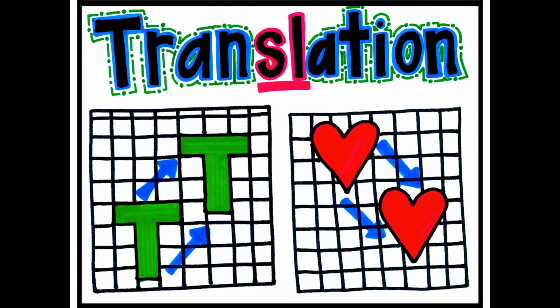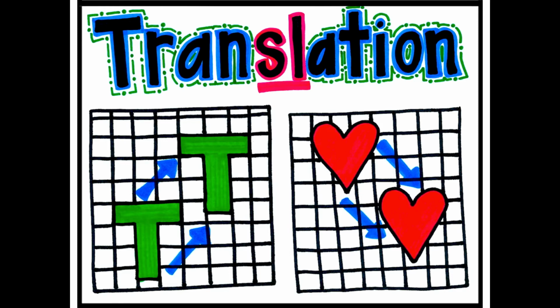Okay, next we have a translation. If you look at the word, translation has the letters SL highlighted. When you're translating something, let's say a language for instance, you're taking that one language and changing it into a different language. You're moving it to another language.